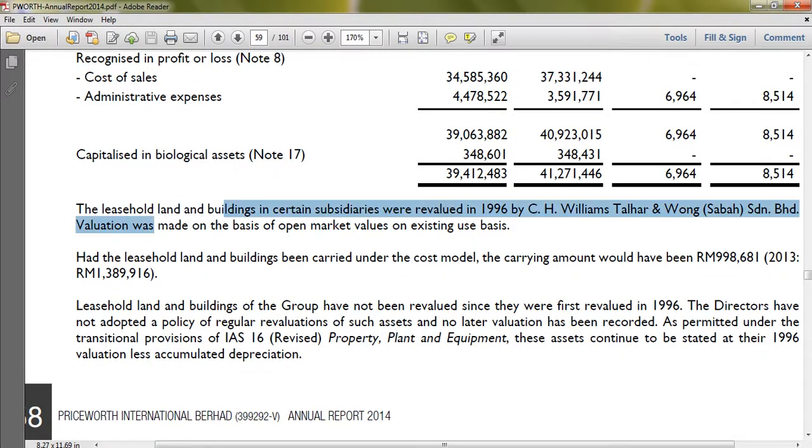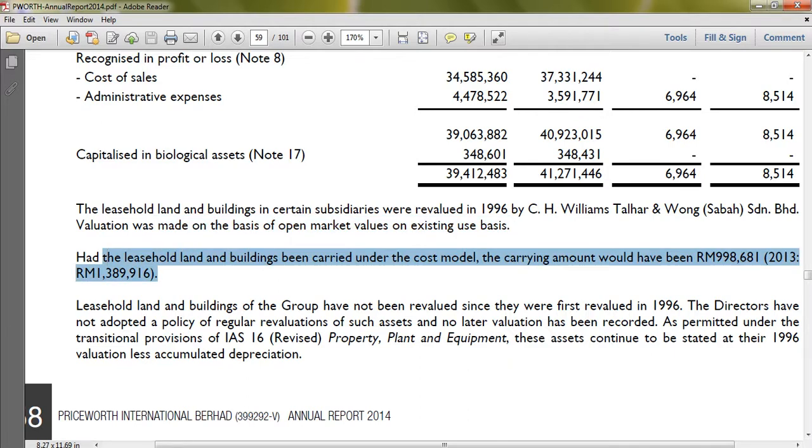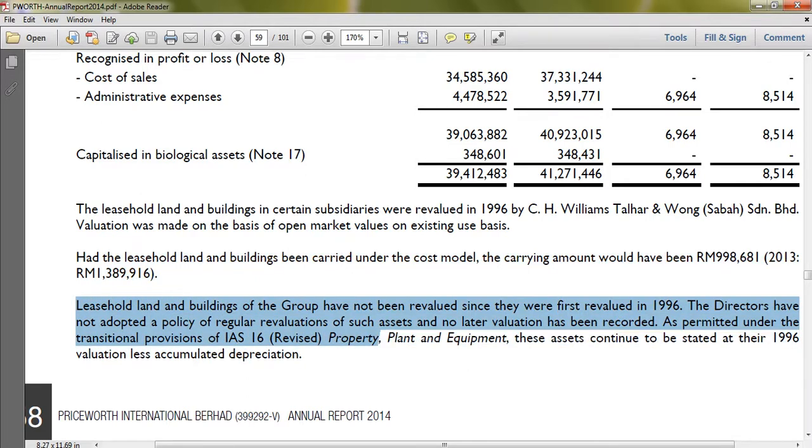So in certain revenue. Okay. On the basis of open market value on existing use basis. Under the cost model. The first way, wow, it's quite something, man.